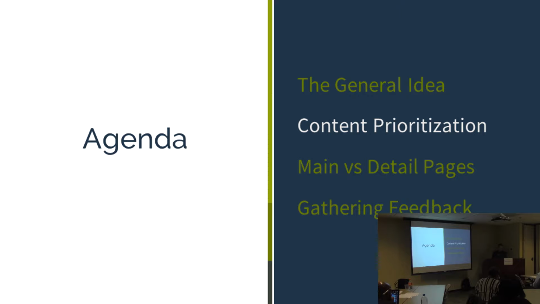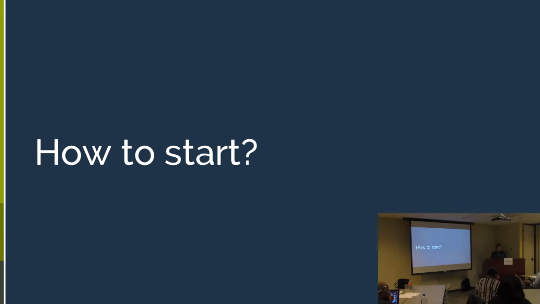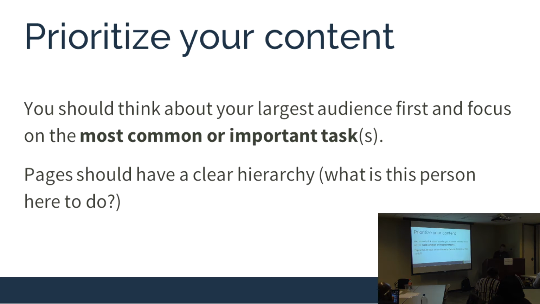Since we've got to start somewhere, let's think about content prioritization. It might help to bring a little bit of order to the content that you already have before getting feedback on it. So how do we start? A great way to jumpstart this process is to prioritize your content.